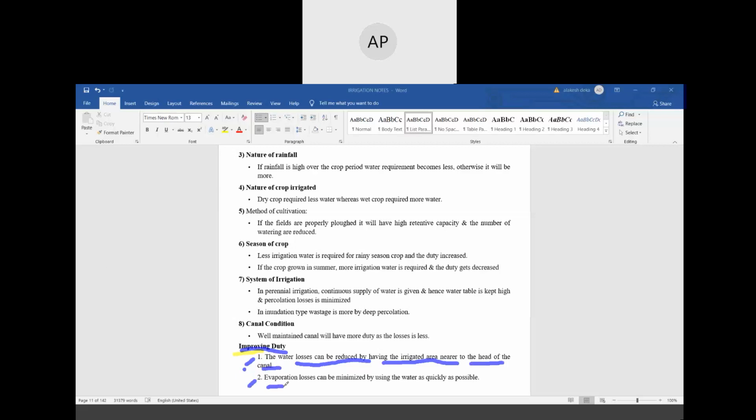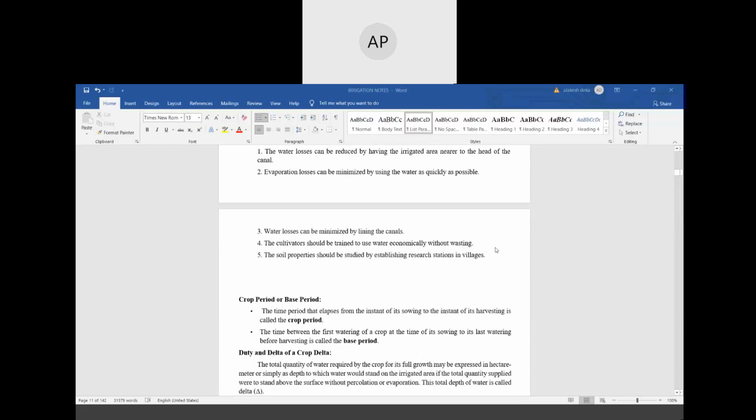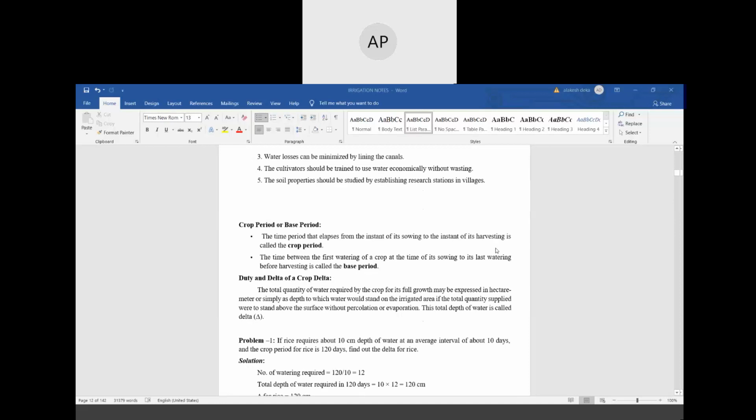Number two, evaporation losses can be minimized by using water as quickly as possible. Next, water losses can be minimized by lining the canal.